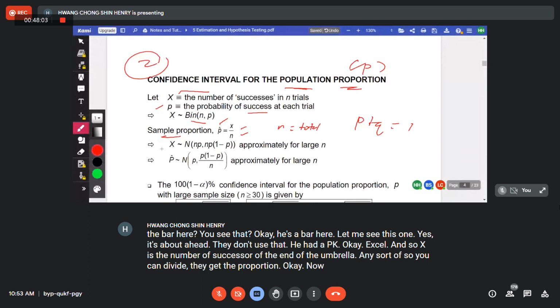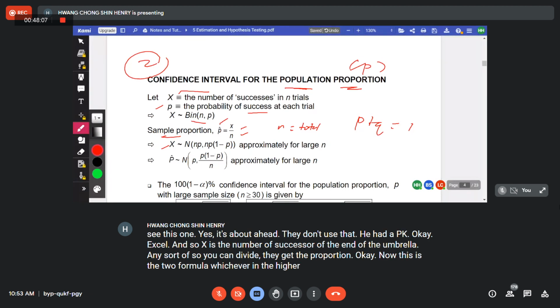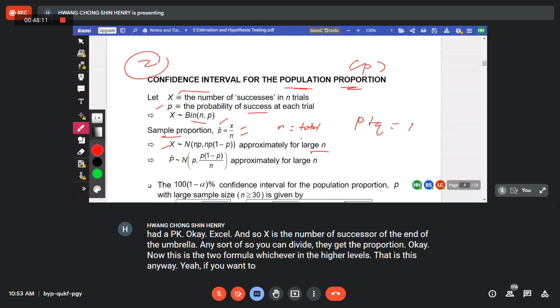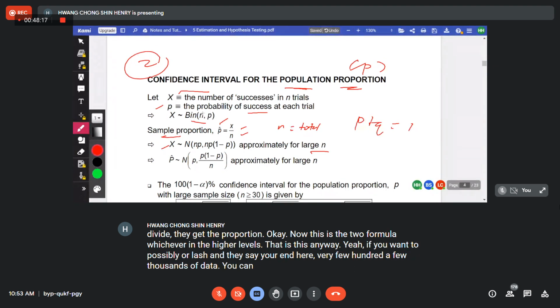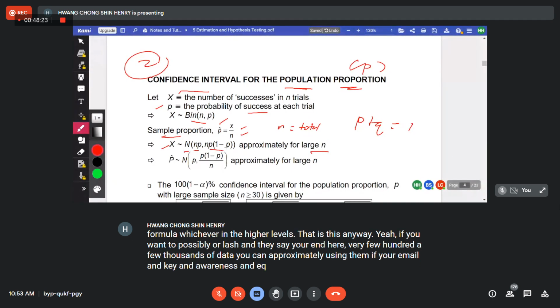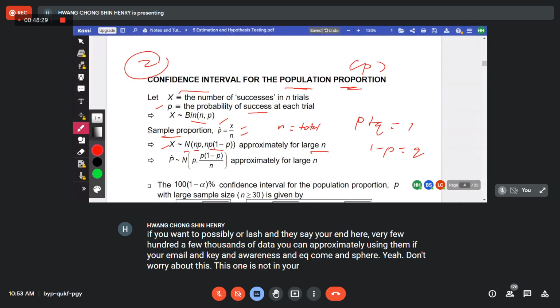Now these are the two formulas which you're going to learn in higher-level statistics. Anyway, we write them down here. If N is large, let's say a few hundred or a few thousand data points, you can approximate this binomial using a normal with mean NP and variance NPQ, where 1 minus P is Q. Don't worry about this, it is not in your study yet.